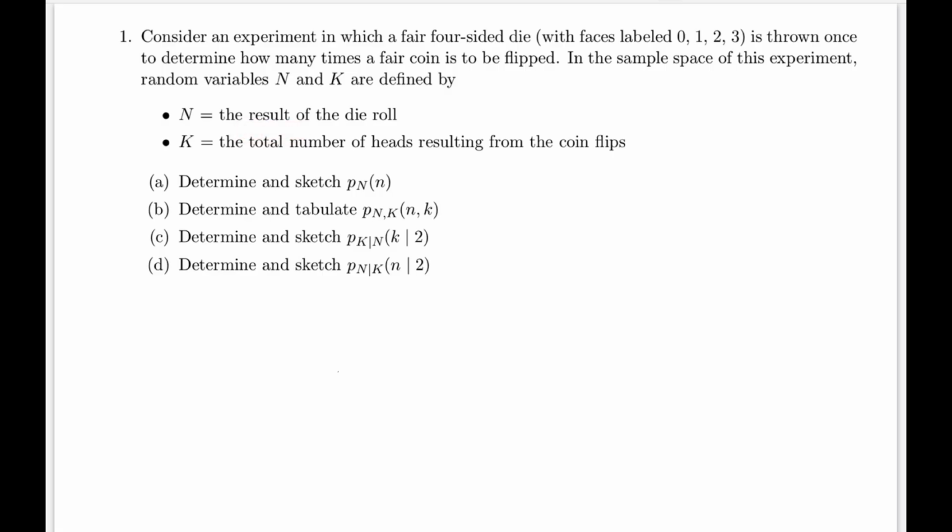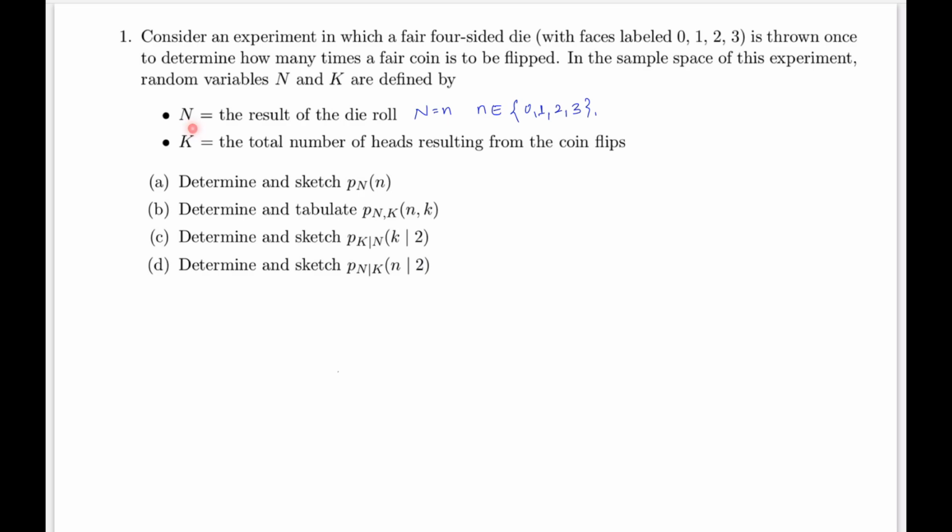So if I ask you what values this random variable n can take, let's say it takes the value little n. So little n will belong to this set, right? And what are these values? These values are nothing but the possible outputs that we can get on the throw of the die.